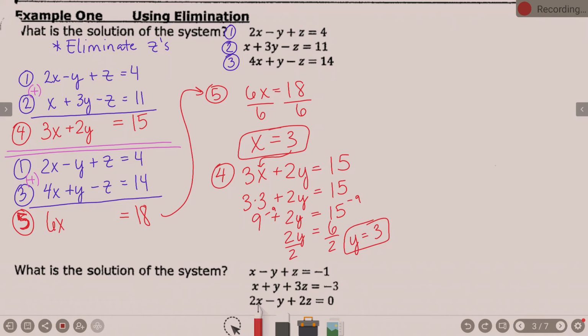Do we all have to use the same equation? No. Just like in previous substitution elimination, which equation looks easier to you? 1. Okay, so if we use 1, I agree, this one's a little bit easier, but we're not all going to do the same thing.